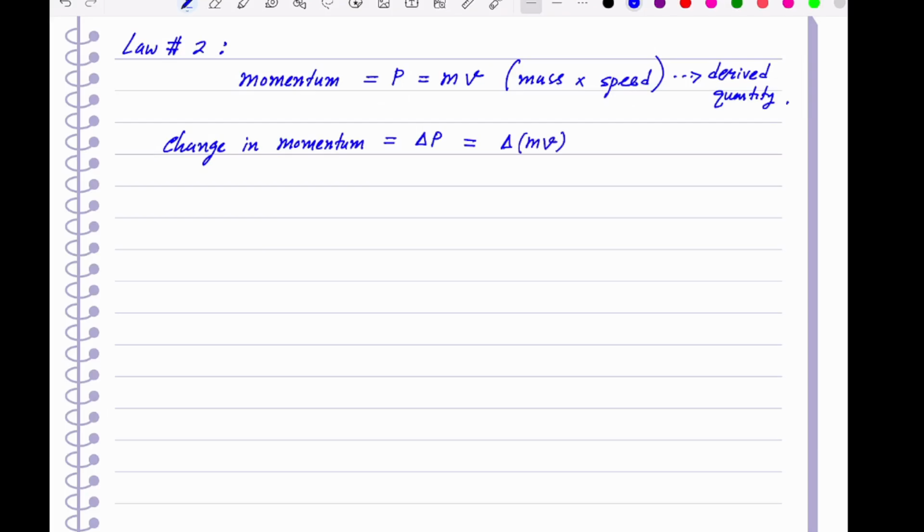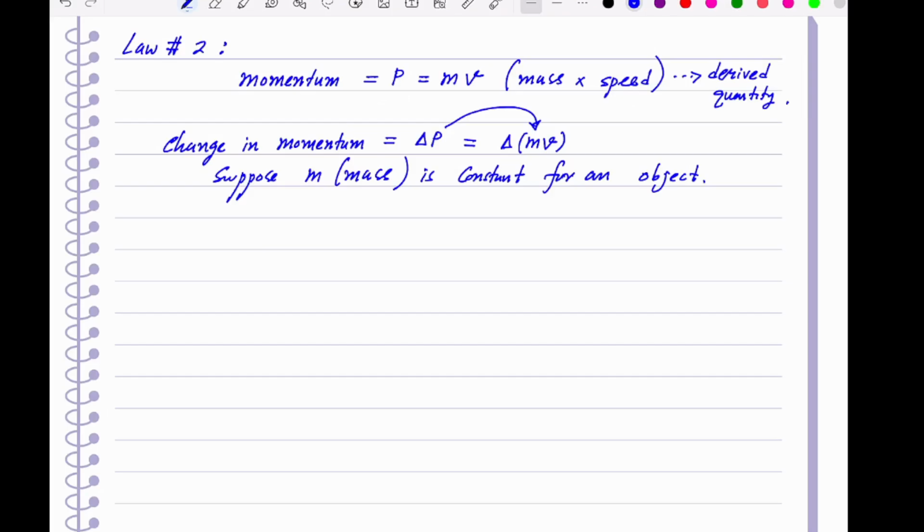You can see P is mv from here. Now m is mass. Suppose mass is constant for an object.